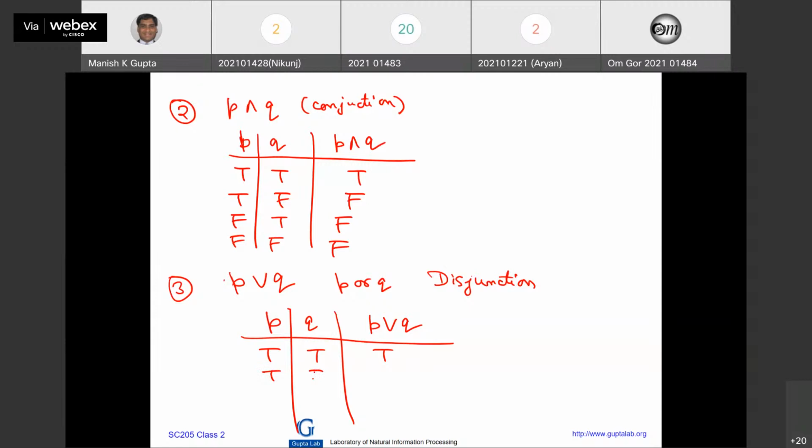This is true, this is false, and this is true. This is false, this is true, then this is true. If both are false, then this is false.